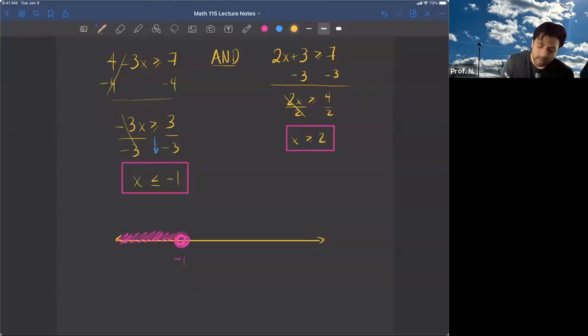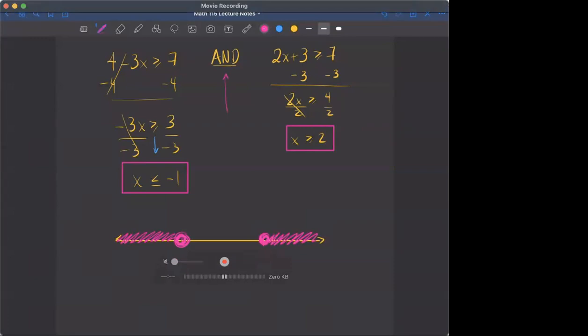The other inequality says positive 2, close circle at positive 2, and shade everything to the right. So that's the graph of these two inequalities, right? But what does "and" represent again? Does it represent an intersection? Intersection.